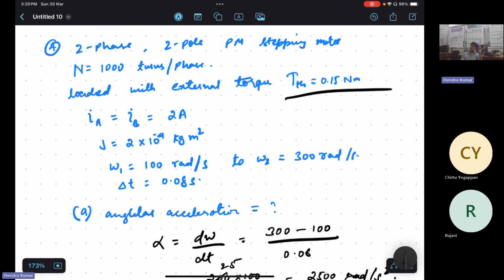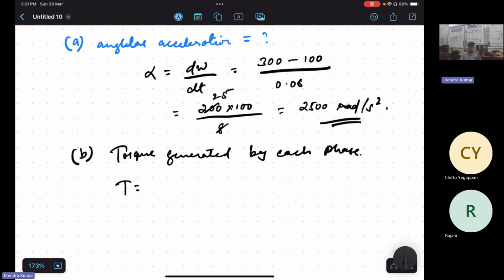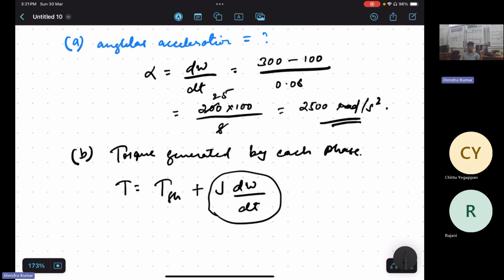So in terms of d omega by dt, will you be able to find out an expression? So T will have T shaft, which is the amount of load present, and on top of that, this much acceleration it also has to cater to. So J into d omega by dt, exactly. So J d omega by dt is also a torque component.